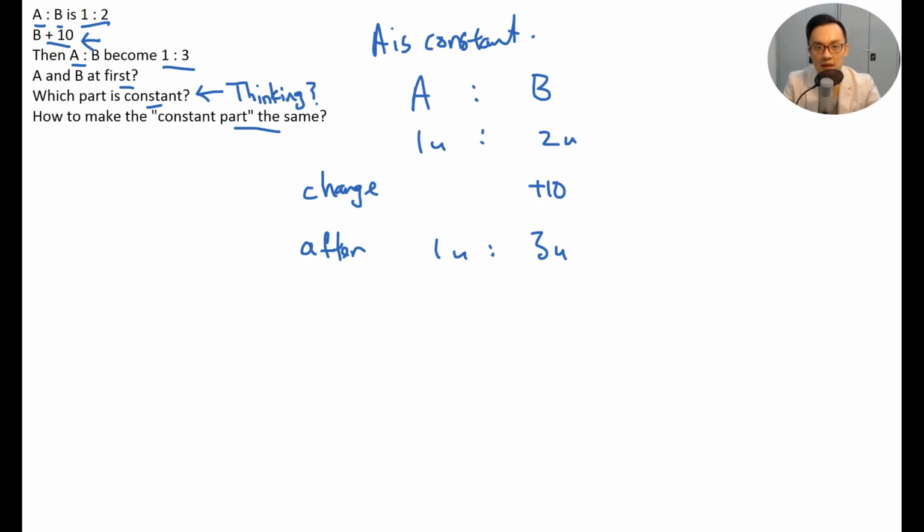All right, so I made this easy for you by giving you the same ratio. Basically, these two are the same ratio, so you don't have to multiply them. So you just take the 3u, which is the after, minus the 2u, which is the before, which is the 1u, that's the difference. And this 1u is the 10 that I added into B. So I've made the constant part the same because it was already the same, so there's no need to make it.